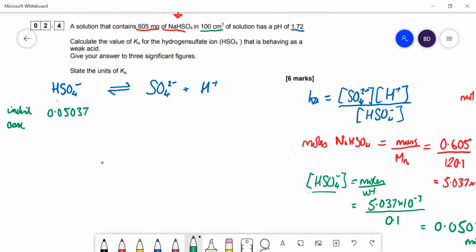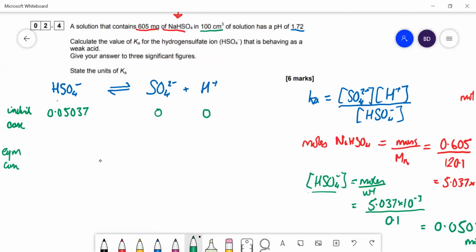We're going to say the concentration of SO4 is 0, and the concentration of H plus is 0. It's not quite 0, of course, because distilled water does contain some, but we can ignore that because it's going to be much lower than the amount released from the weak acid.